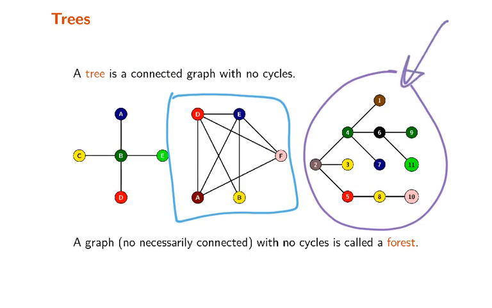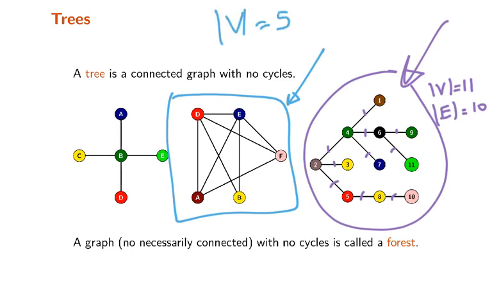Let's check this in our trees here. So this tree has 11 vertices. So let's count the edges, we should have 10. And they are, right? So let's count it, there are 10. So in this case, the number of vertices was 11 and the number of edges is 10. It will always happen like that in a tree. So if we come, for instance, to this graph, we see that the number of vertices here is 5, right? And the number of edges is 8.